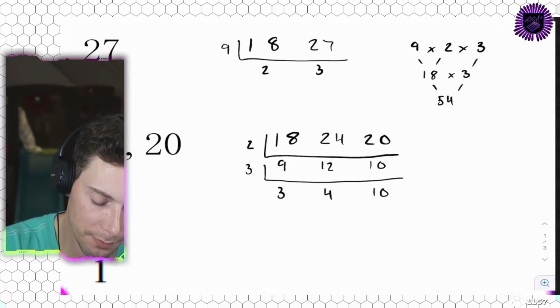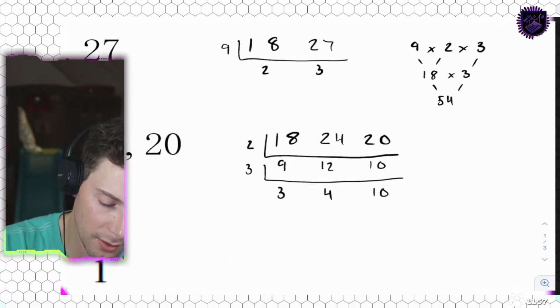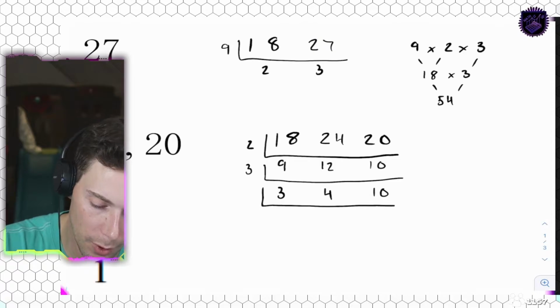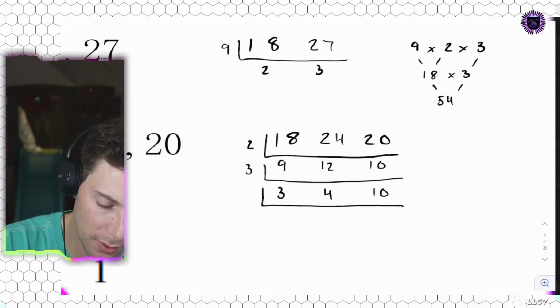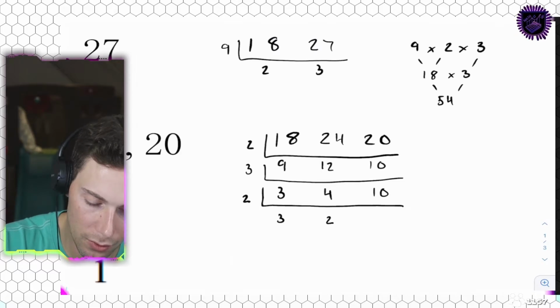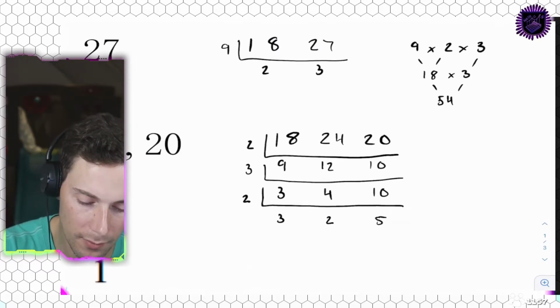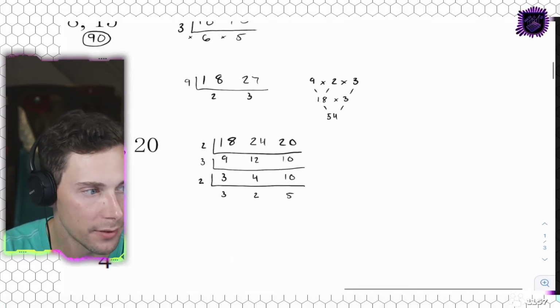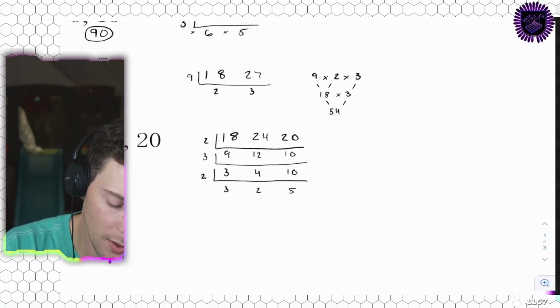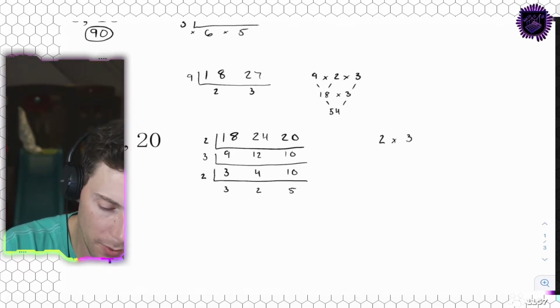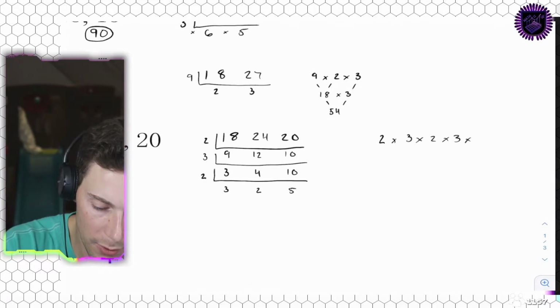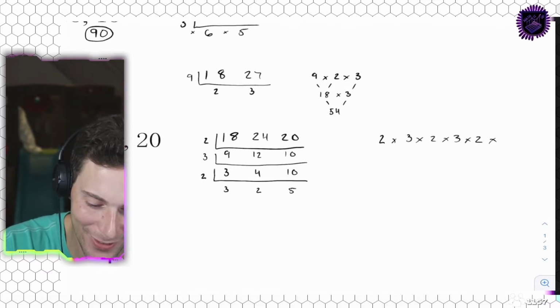But just to play, we could once again go one more line and do 2 again, and that would be 3, 2, 5. All right, are we ready for this? It's going to be fun. 2 times 3 times 2 times 3 times 2 times 5.